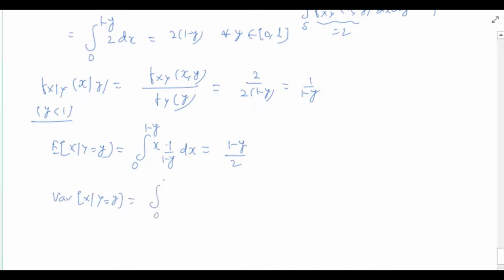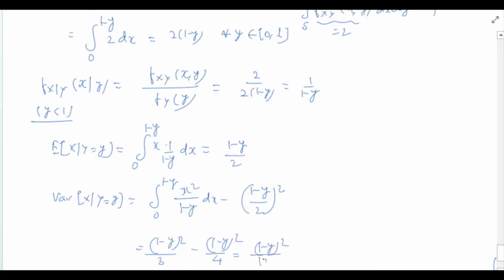This will be the integral from 0 to 1 minus y of x square divided by 1 minus y dx, minus the square of the conditional mean, so 1 minus y by 2 whole square, and this turns out to be equal to 1 minus y whole square by 3 minus 1 minus y whole square by 4, and so this is 1 minus y whole square by 12.